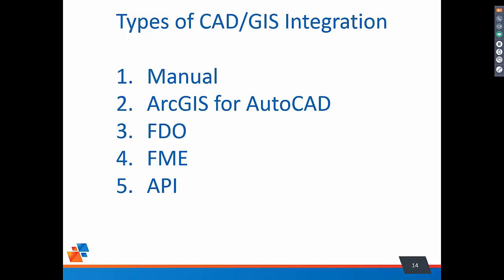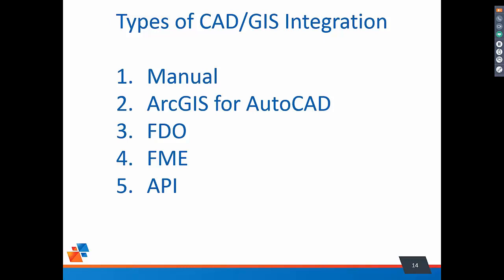The second one that we want to talk about is ArcGIS for AutoCAD, and really ArcGIS for AutoCAD in a practical sense, in a real design for construction, survey design and construction environment, and what that means as we use tools like ArcGIS for AutoCAD in that workflow.